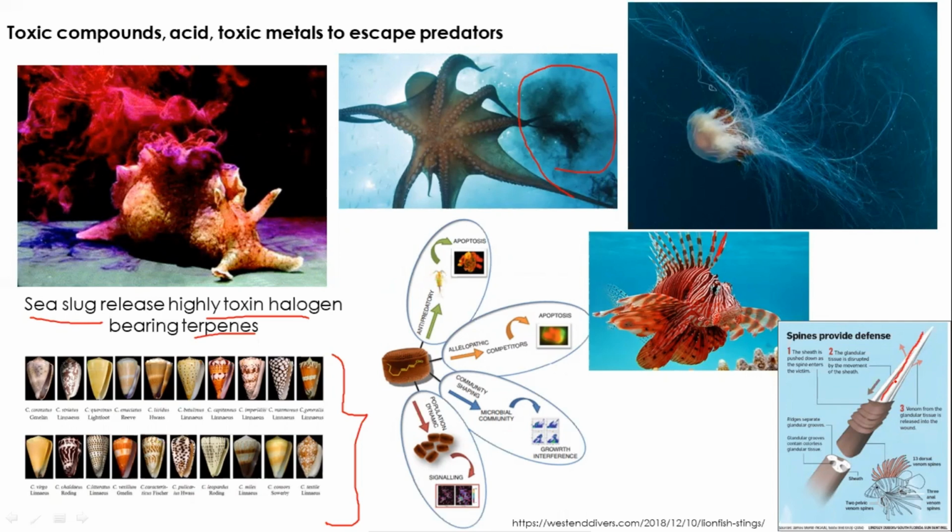So they avoid. Not only macrofauna have toxins, but also in this particular example, you can see that a diatom or microalgae produces a compound, a polyunsaturated fatty acid, in particular oxylipins.